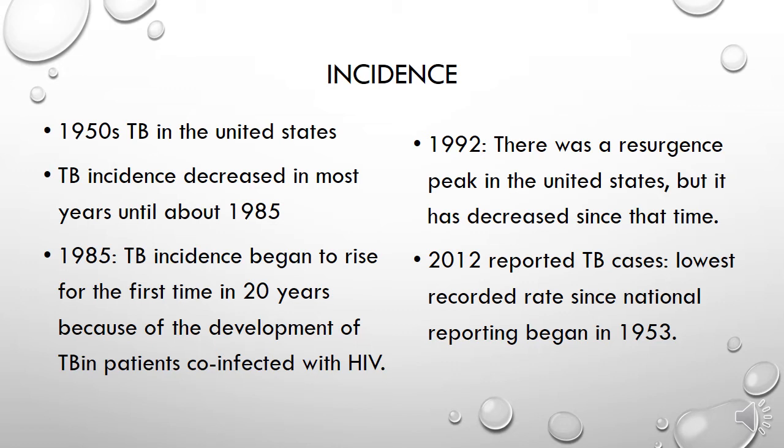There was sort of a resurgence in 1992, and again, that may have been the Gulf War, or just more shifting, unknown as far as why that happened. And then in 2012, that seems to be the lowest recorded rate since the 1950s, and perhaps we'll see even more of a decline in the future.